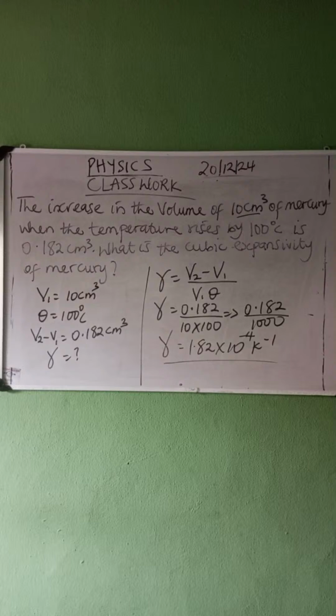All right, Christiana, the 10 centimeter cube is the original volume. It is the original volume of mercury given in the question.